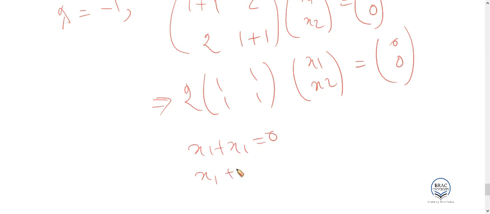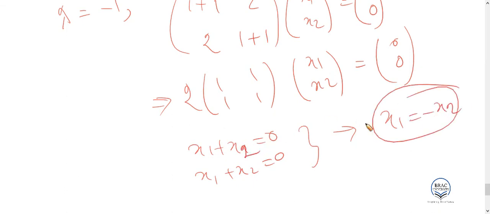The second line will give you the same thing, and these two correspond to x1 equals minus x2, right?